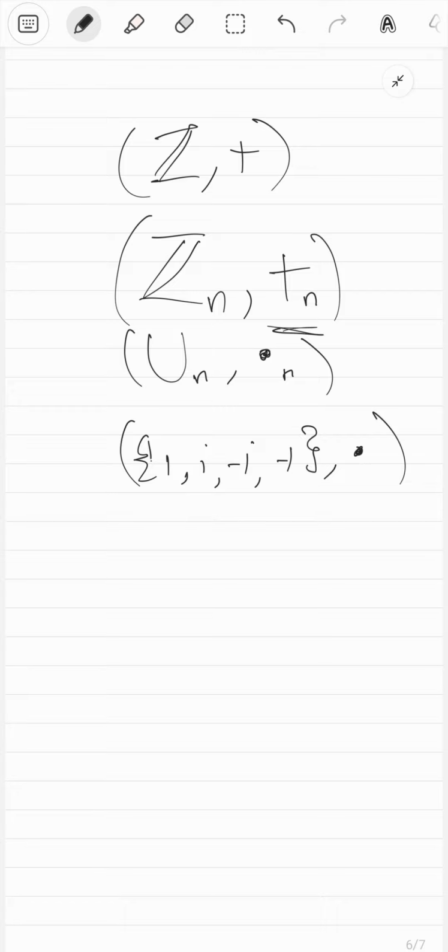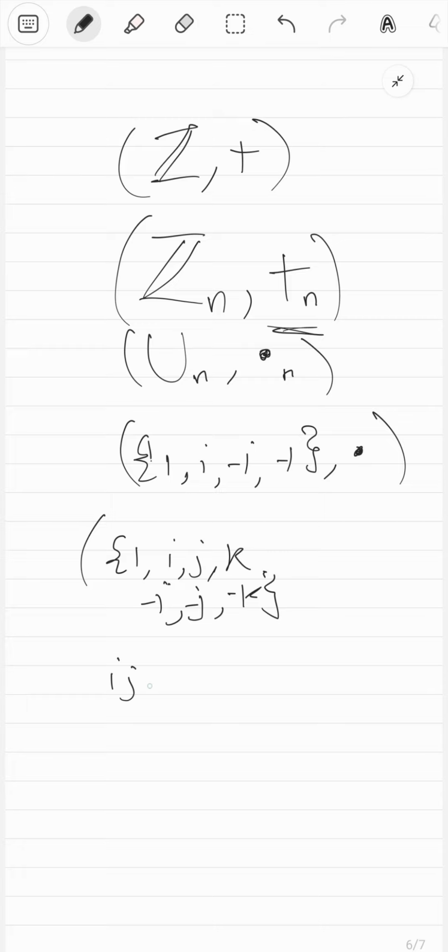Then you also have the quaternions, so it's 1, iota, j, k, minus iota, minus j, minus k, and the way these interact is that for any i, j, k, i squared is minus 1, j squared is minus 1, k squared is minus 1. You obviously have to have minus 1 over there as well.